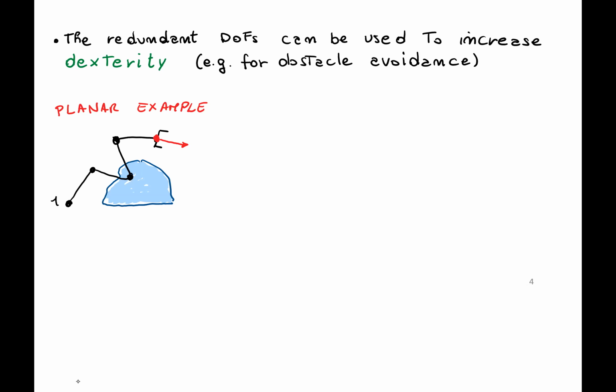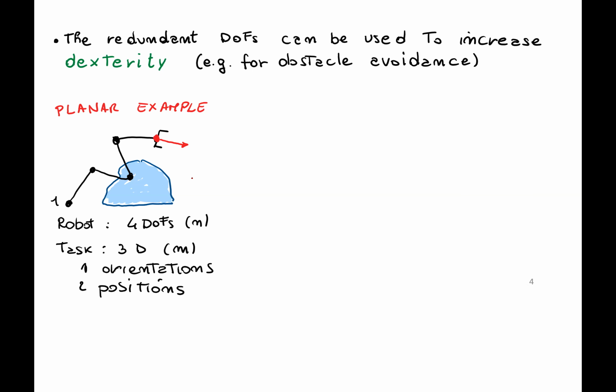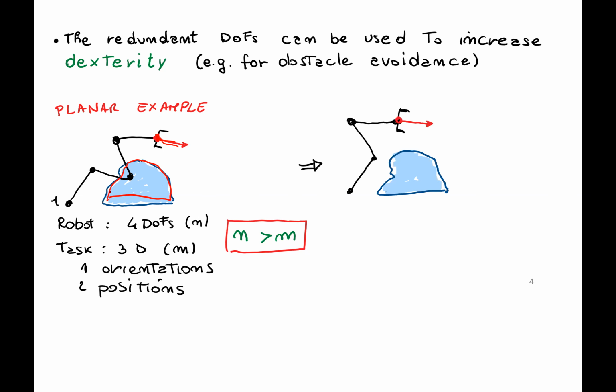If, for example, you have a planar robot of 4 degrees of freedom, and the task is to locate the end effector in the plane, so 2 position variables and 1 orientation, because to orient in the plane we need only 1 orientation variable. And you have, for example, this obstacle here. You can find another configuration, flipping, for example, this joint up here, where you don't hit the obstacle.